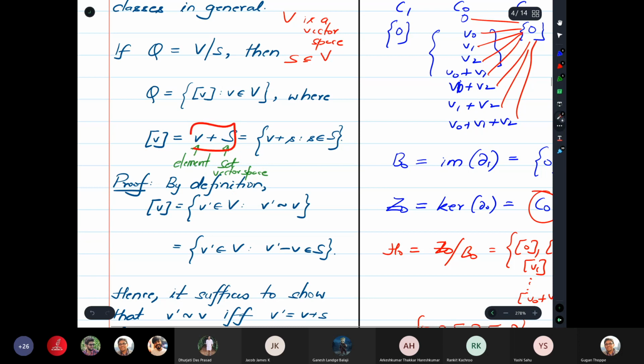Well, the way to define this is in the following way. This V plus S is another set, right?